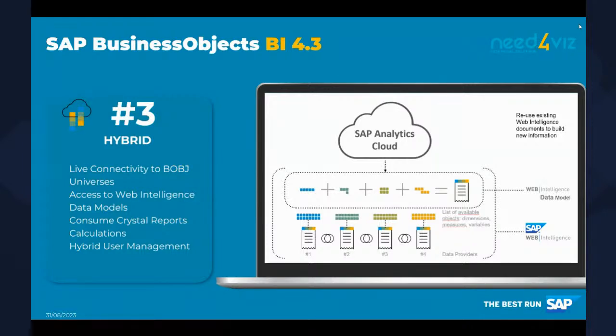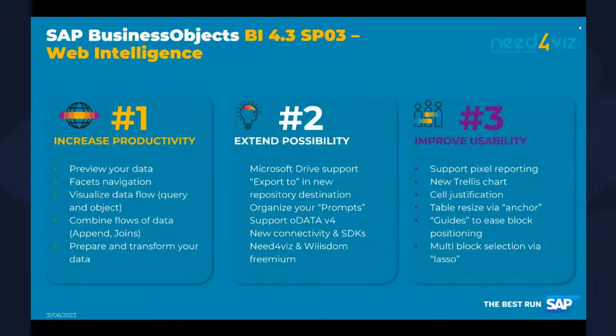And a new concept we introduced as part of the BI 4.3, the Web Intelligence Data Model, which is everything you have created inside the Webi document, all the queries that you have synchronized, all the objects, measures, and variables. You can reuse all these things, but with SAP Analytics Cloud in order to create new dashboards inside this new technology.